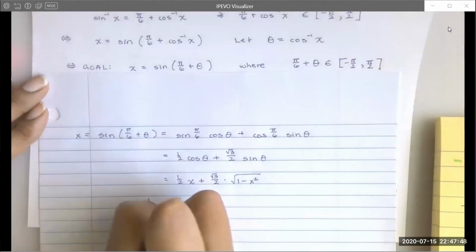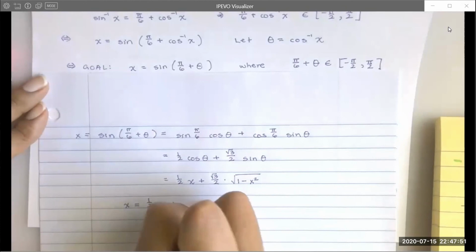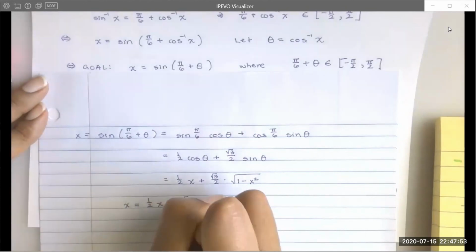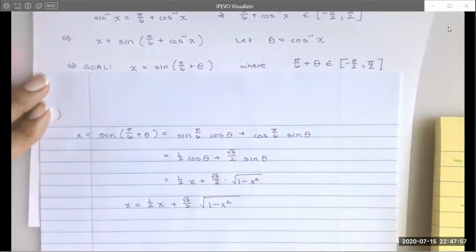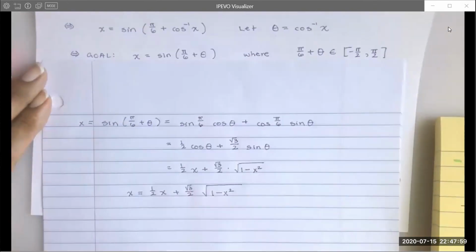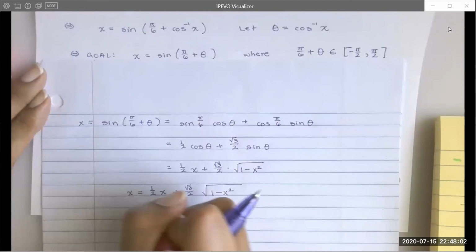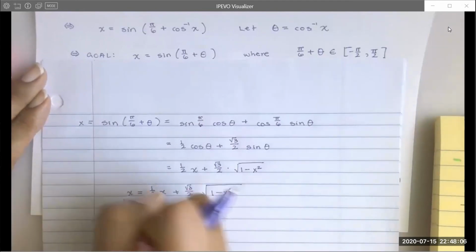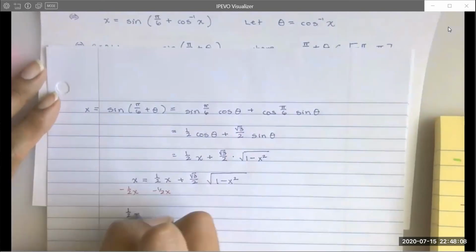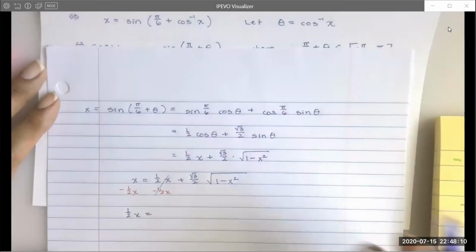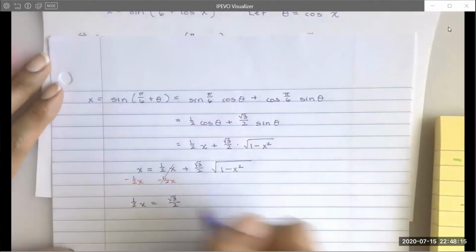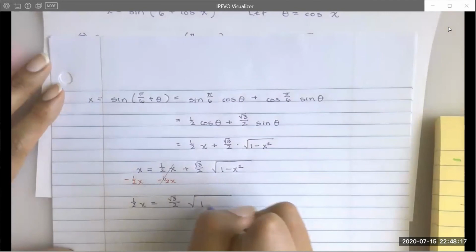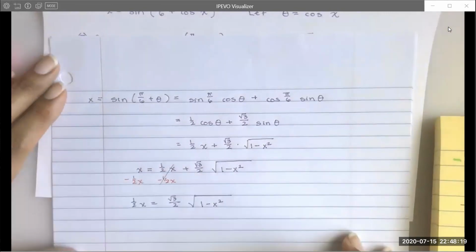X is equal to 1/2 x plus square root of 3 over 2 times square root of 1 minus x squared. I'm going to subtract a 1/2 x from both sides of the equation. And that's going to give me a 1/2 x is equal to, here obviously it cancels because that's why we're subtracting in the first place, square root of 3 over 2 times square root of 1 minus x squared.